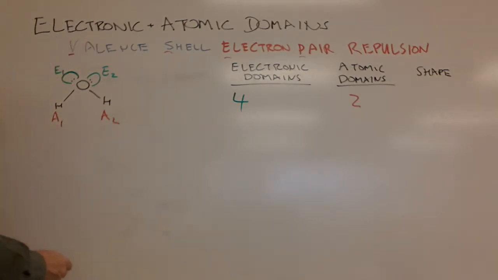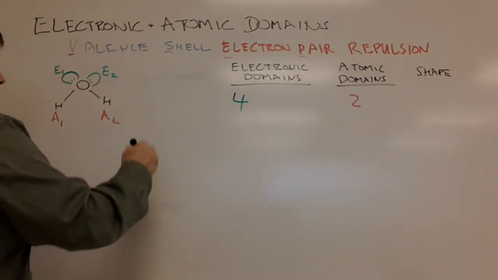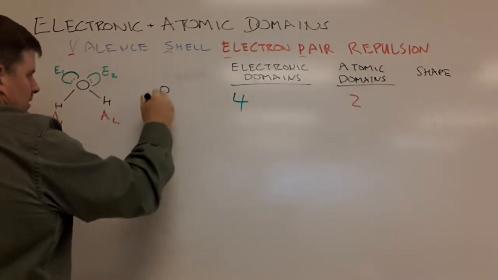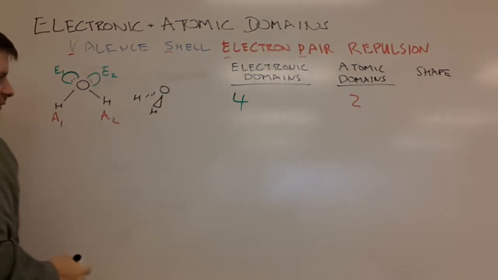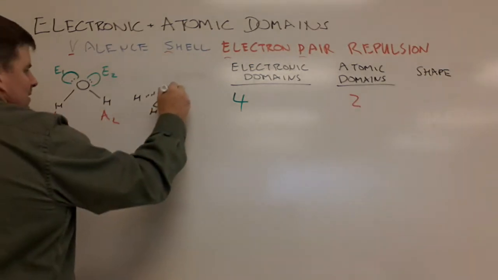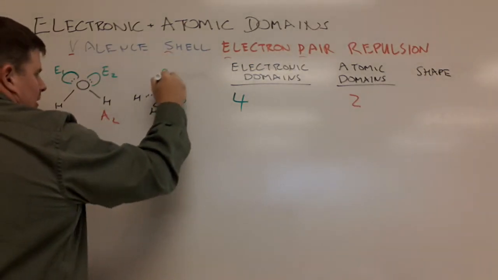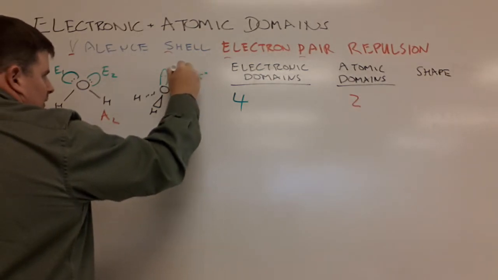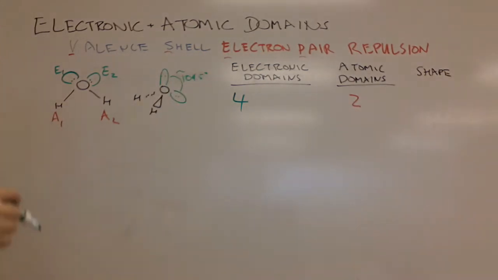Okay? If you think about it, the oxygen is going to deform so that the hydrogens are going to be as far apart from each other as they can be. And the lone pairs are going to be as far apart from each other as they can as well. So, if you can think about it, the shape is going to be about 109.5 degrees, and the shape here is going to be tetrahedral as well.